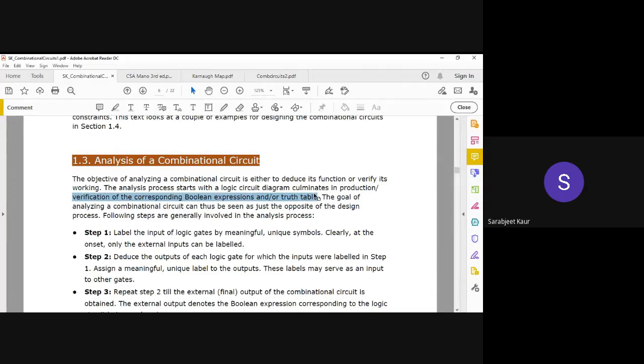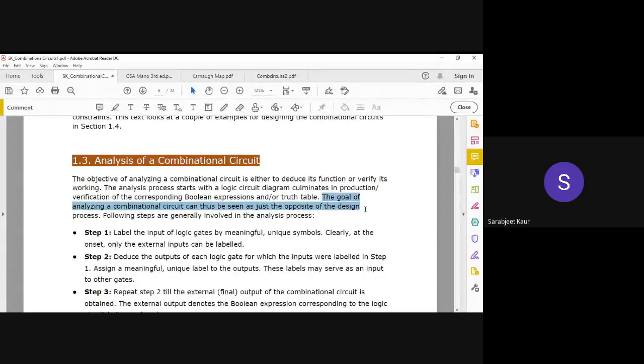Sometimes you may be asked to construct the truth table. You are given a circuit diagram, and you will be required to construct a truth table. The goal of analyzing a combinational circuit can thus be seen as just the opposite of the design process.